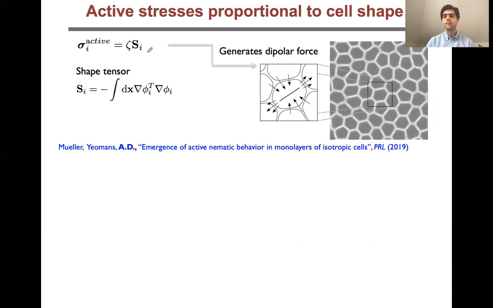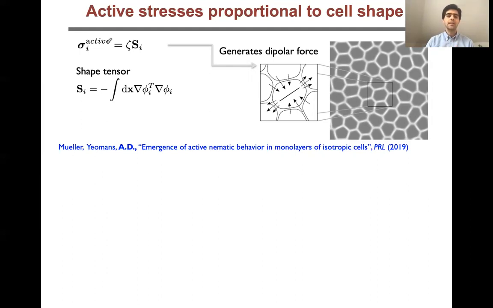tensor for each cell. It's very similar to the active nematic stress that you were introduced to before, but instead of defining a nematic tensor, now we have a shape tensor for each cell, whose largest eigenvalue would determine the order, and the largest eigenvector would determine the direction over which the cell has elongated.